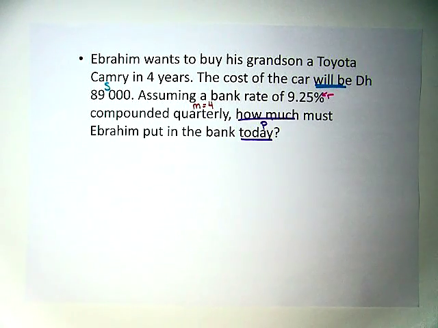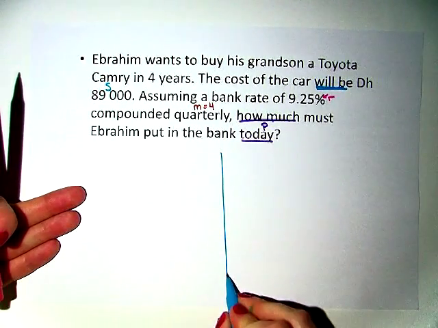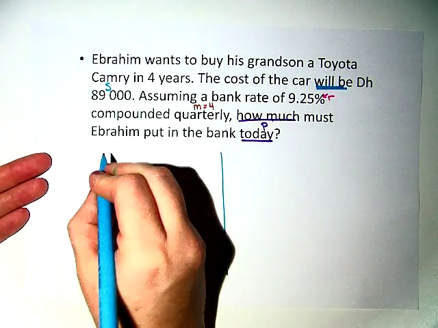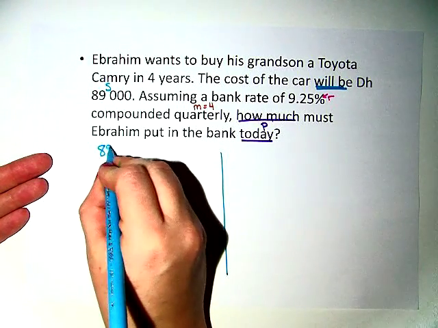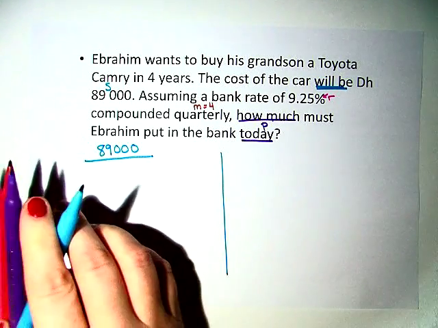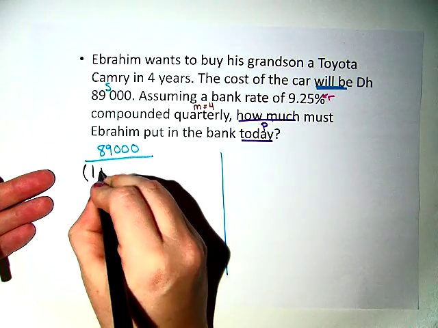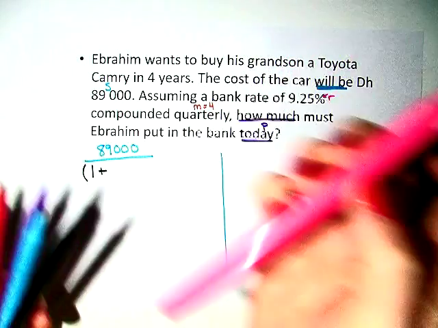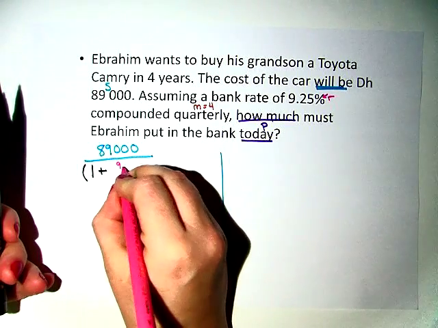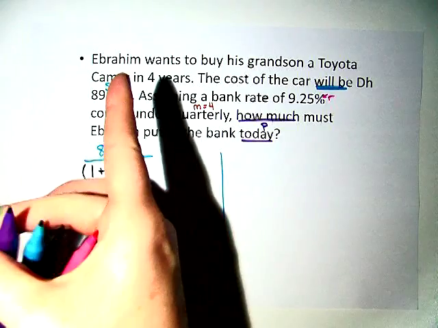Okay, so let's go ahead and try this out. We know that S is 89,000. We're going to try both formulas so we can see how to do both. We're going to do 89,000 divided by 1 plus, now the interest rate is 9.25%, and our M is 4.